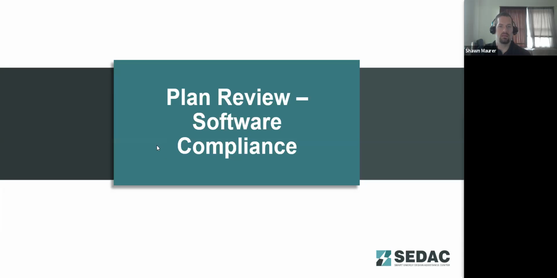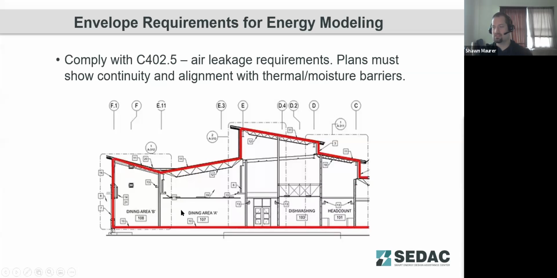Okay. So looking at software compliance, essentially we're looking at what additional information is going to be included if you're following a software compliance path, such as using ComCheck or an energy modeling for the performance path.